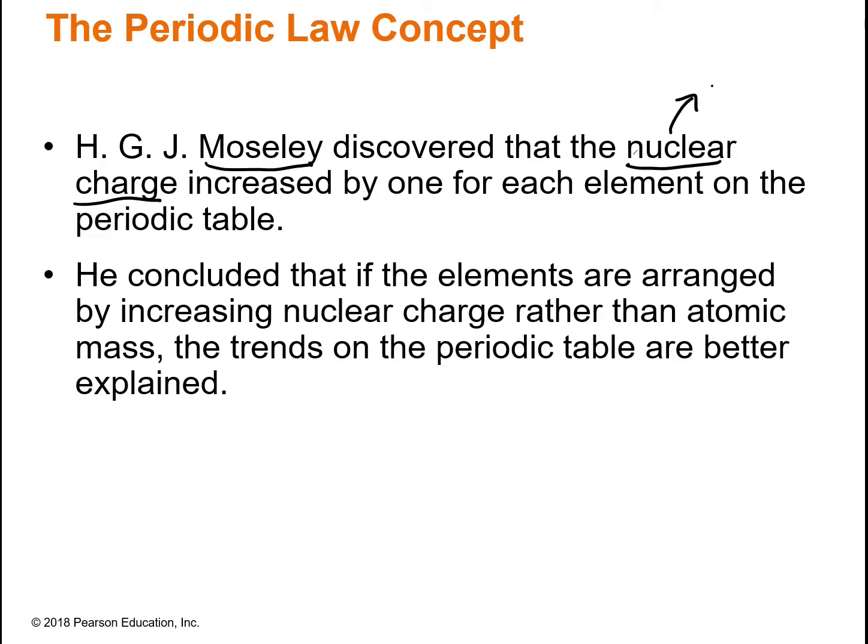And nuclear charge means we're looking at the number of protons. How many are there, right? If you increase by 1 for each element, then the trends on the periodic table, which we're going to discuss in chapter 5, are actually better behaved. So instead of atomic mass, like Mendeleev suggested, they're going on atomic number.